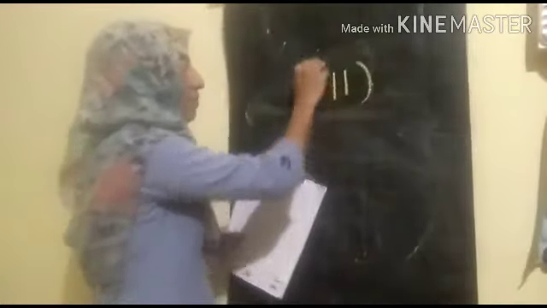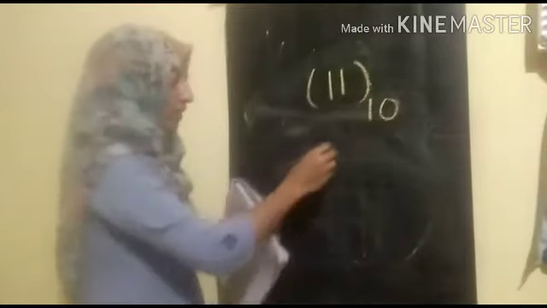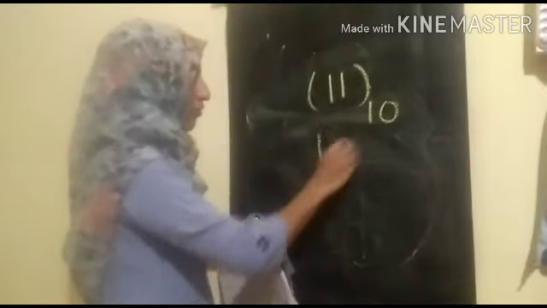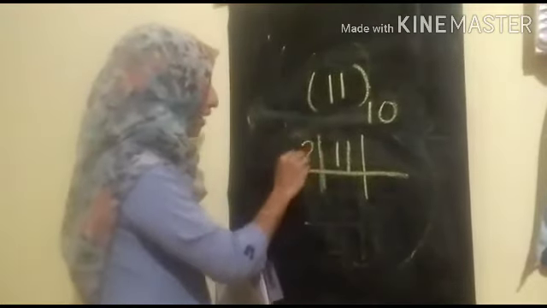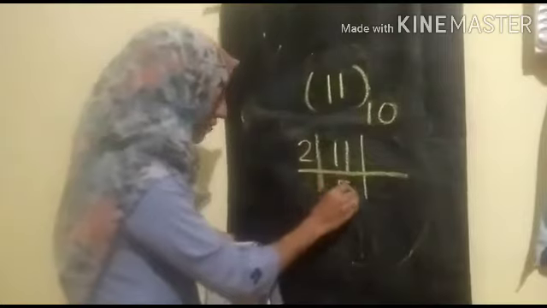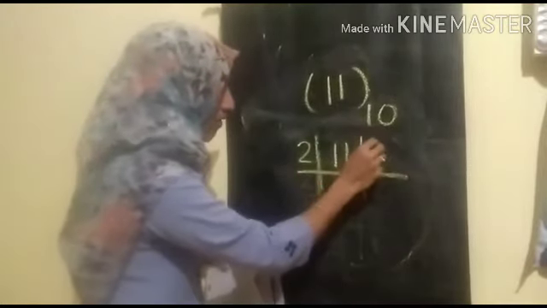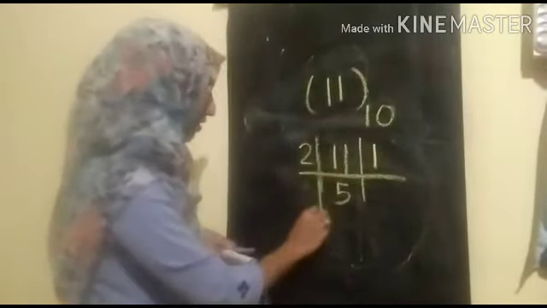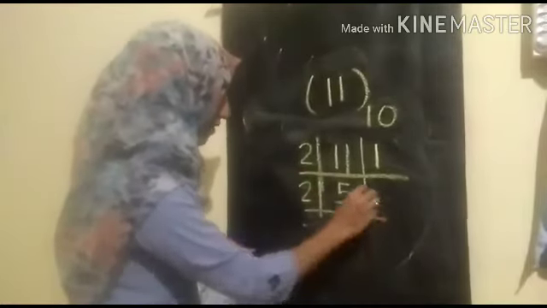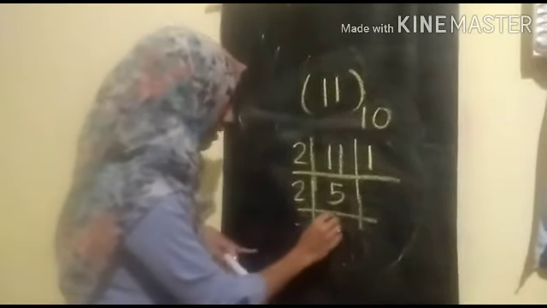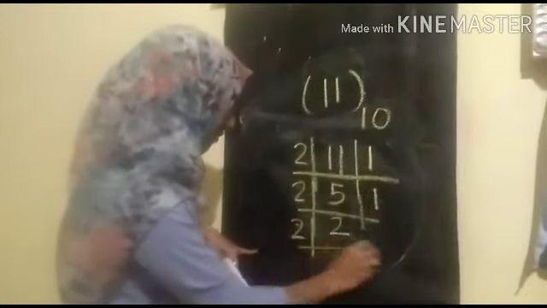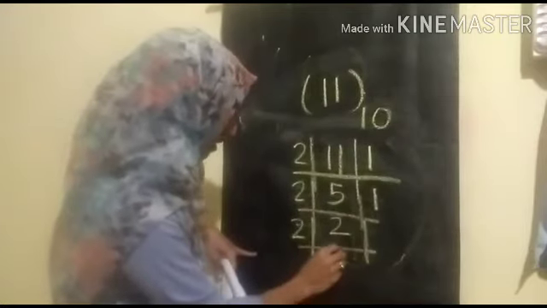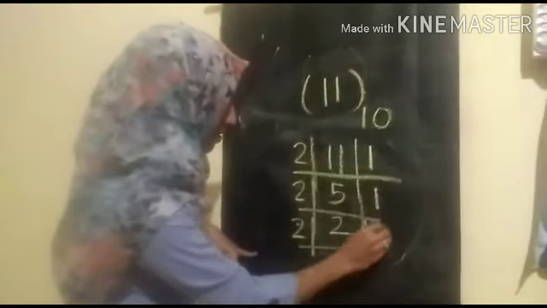Once more, an example: 11 base 10. We want to change this into binary form. We divide by 2. The quotient is 5, remainder 1. Then again we divide by 2. The remainder is 1. Then the remainder is 0.